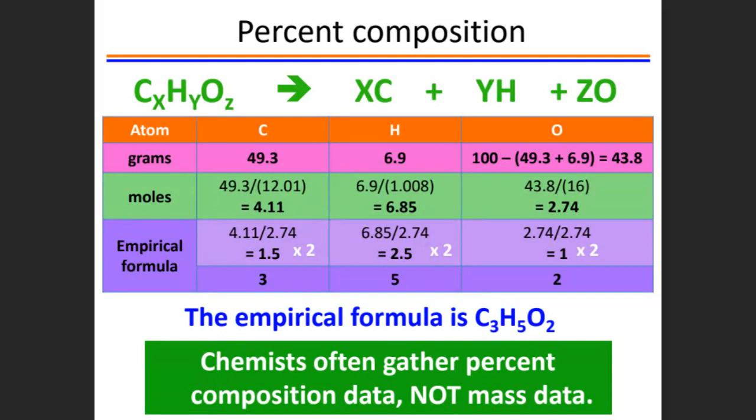What they did: 100 minus these, they add them and find the oxygen. But actually we can also do the percent composition first and then the empirical formula. So I will suggest you follow that. I don't want to give you two things, but this is actually the same thing that we did. So you can look in here.